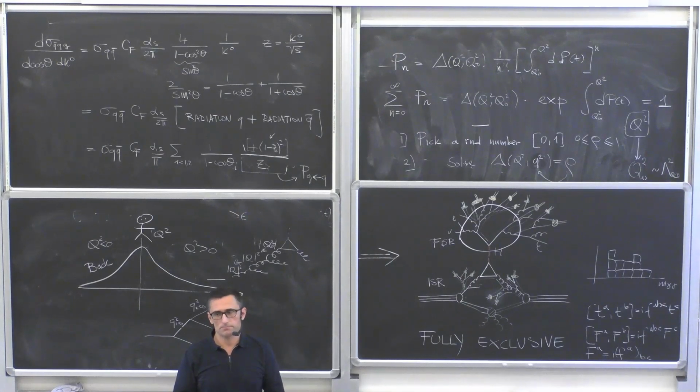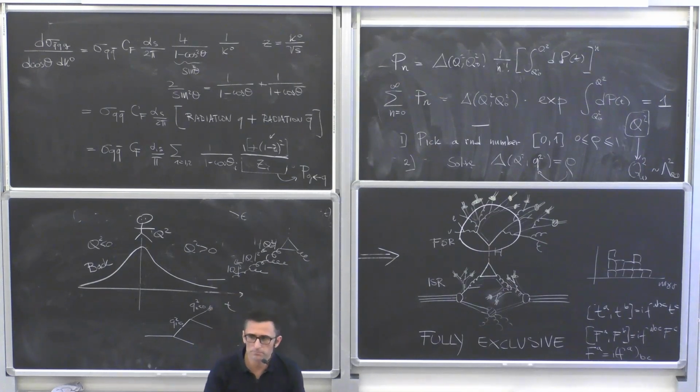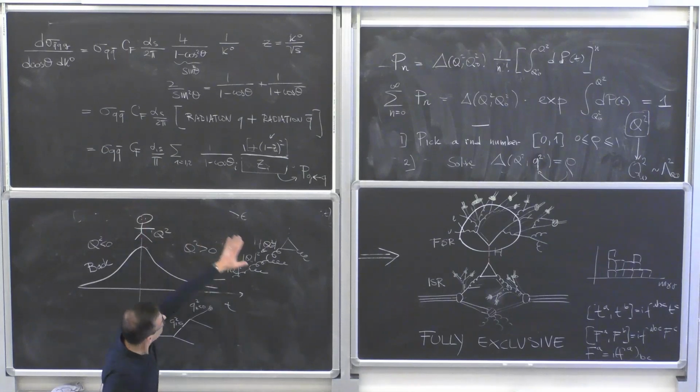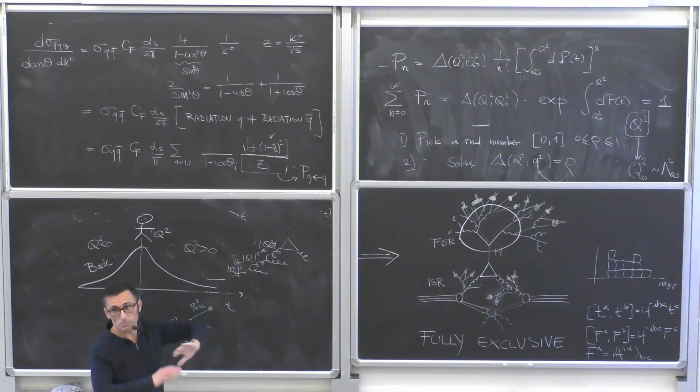We still calculate with on-shell, and then we correct the kinematics with off-shell kinematics. But the calculation is always on shell, because everything I explained here is massless.